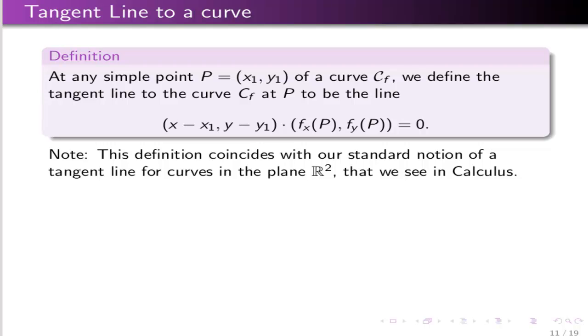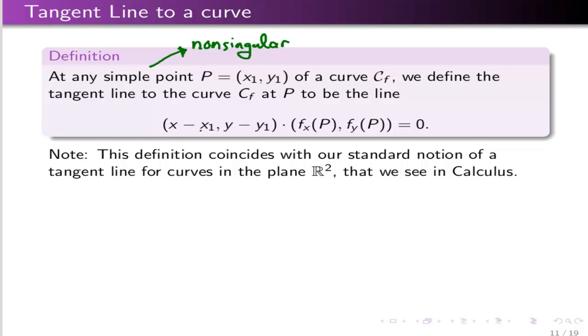So we just make a formal definition here. So if we have a simple point, and you'll see why we need to have a simple point. So simple point again means a non-singular point on the curve, we'll define the tangent line to the curve at that point to be this straight line right here.